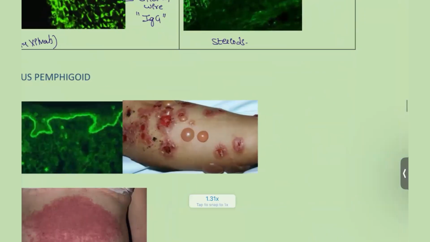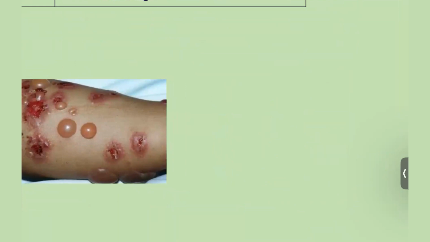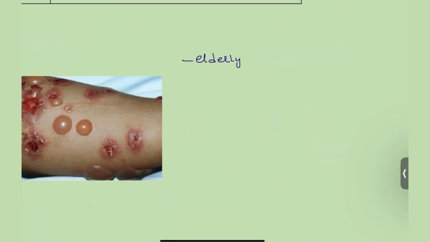Next, bullous pemphigoid. This is seen in elderly patients. Their lesions present as tense bullae, and they do not rupture easily. What antibodies are affected here?